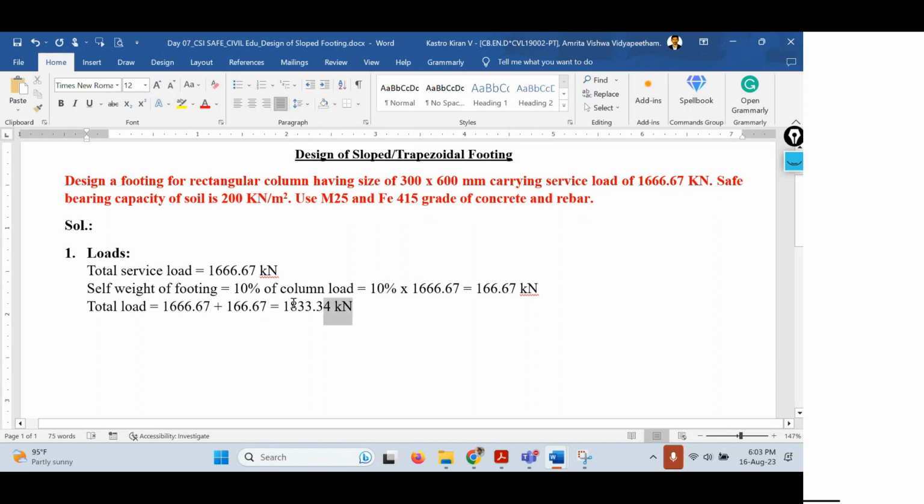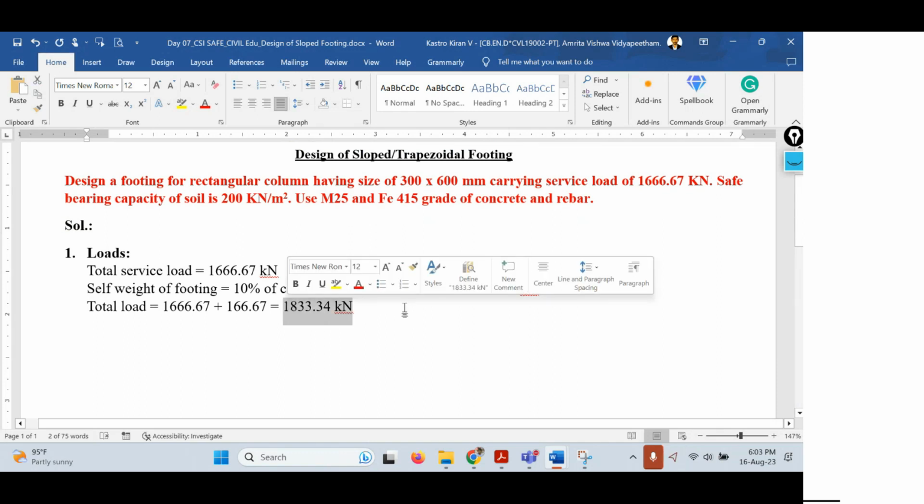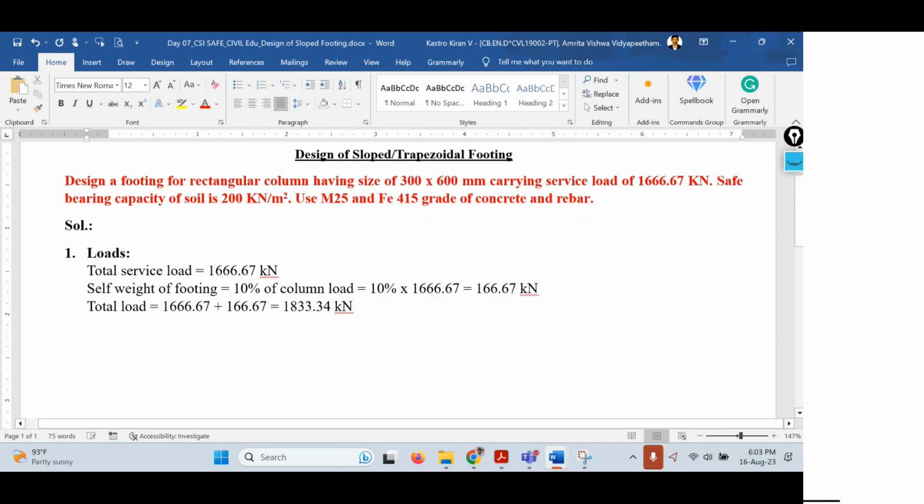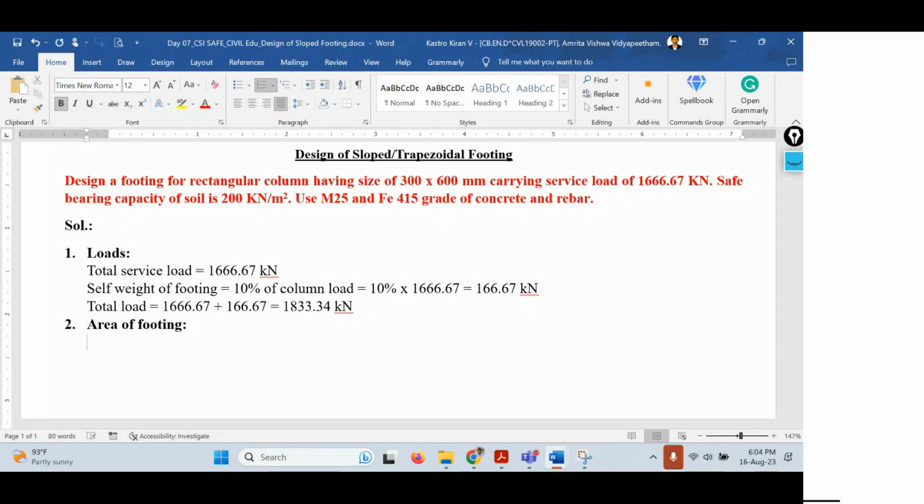Based on this load, we have to find out the area of the footing. How will you find out the area of the footing? Footing area can be found out by using the total load and also the SBC of the soil.